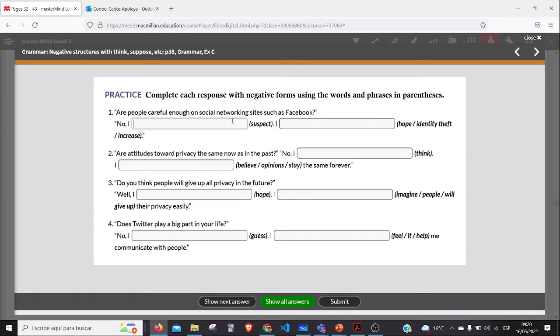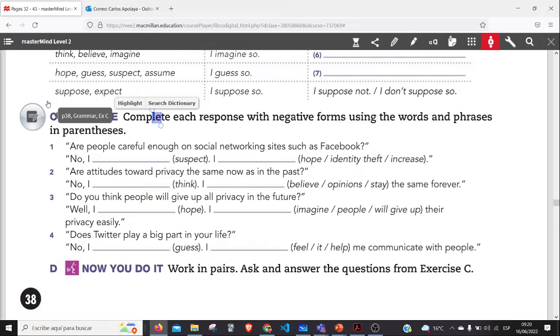I don't suspect, or I suspect not. No, I don't suspect. Are you sure, Charles? I don't suspect. Look at this here. No, it's the second. Okay, no. It's the second. Yes, of course. I suspect not. Yeah. One second, it's loading.